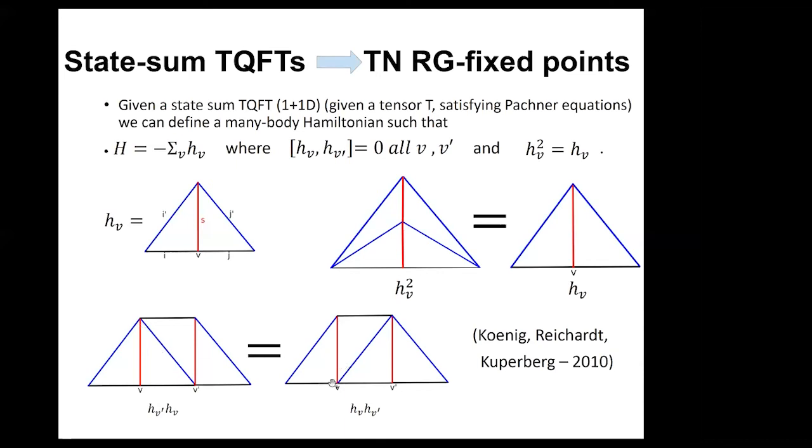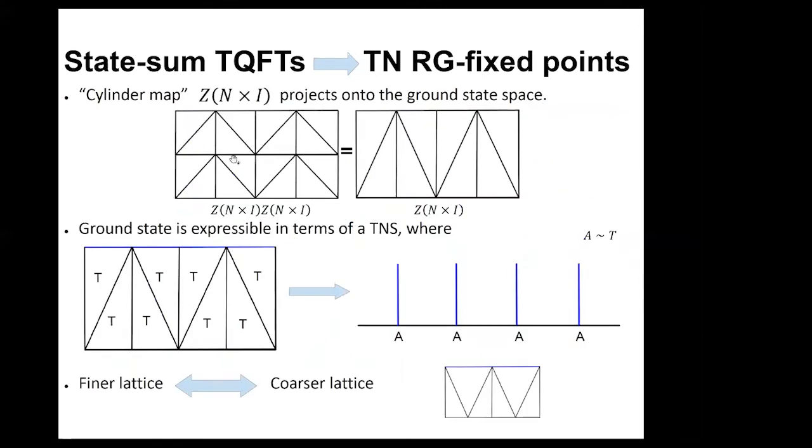What I do is that I retriangulate, and instead of this edge, I use the other diagonal, and this equation is implied by retriangulation invariance.